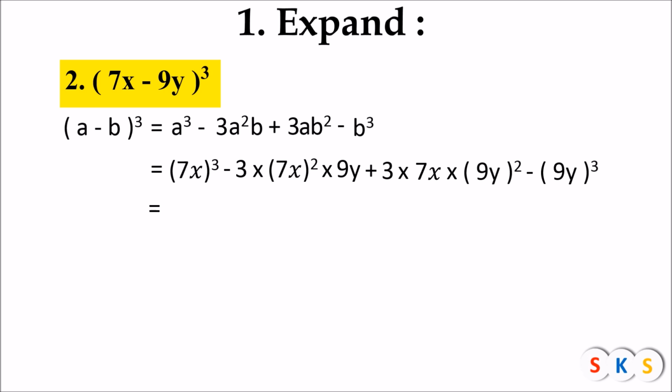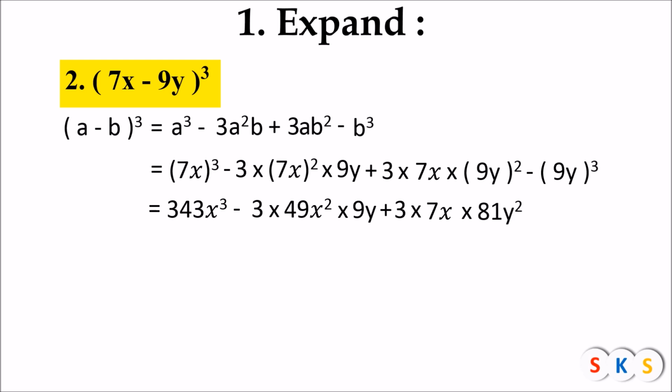So cube of 7x means 7x into 7x into 7x, that gives us 343x cube, minus 3 into 7x the whole square, which will be 49x square, into 9y, plus 3 into 7x into the square of 9y, that is 81y square, minus the cube of 9y, that gives us 729y cube.